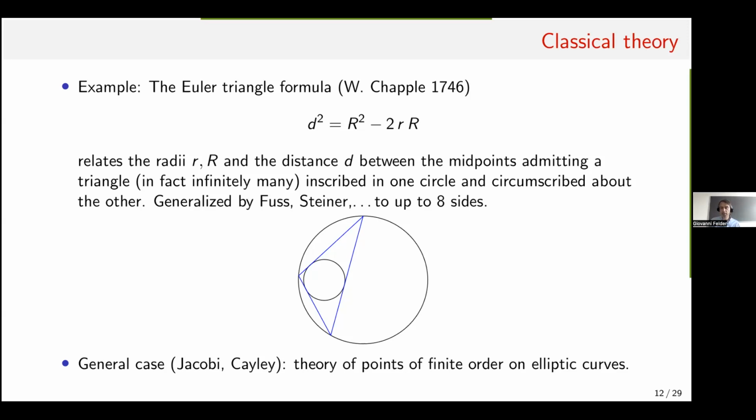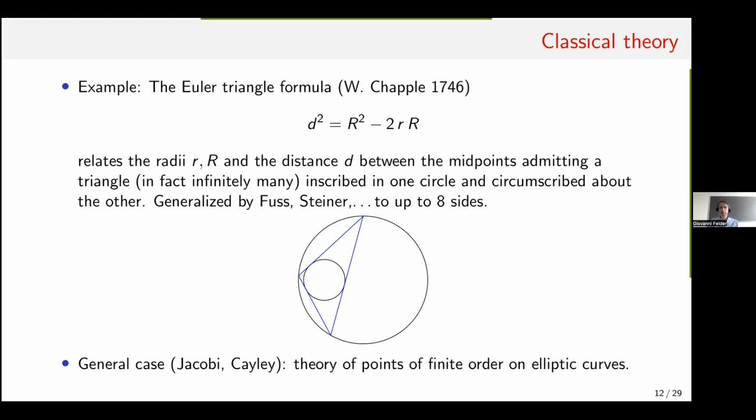So how to describe the position between these two circles? Well, you give the two radii, small r and capital R, and the distance between the two midpoints. And so the Euler triangle formula is this relation here between these quantities.